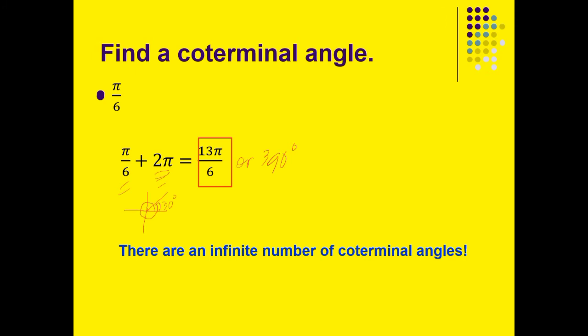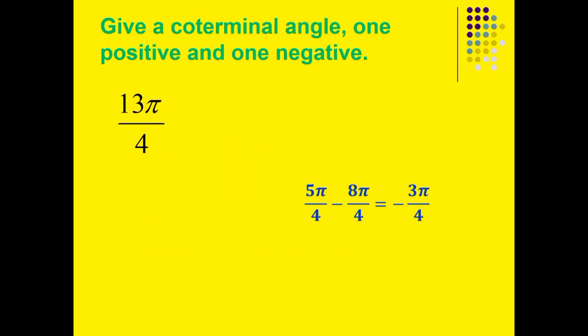Take note that, as I said previously, there is an infinite number of coterminal angles. We have so many numbers that are coterminal angles for a certain angle, whether negative or positive, as we revolve our terminal side to the initial side.